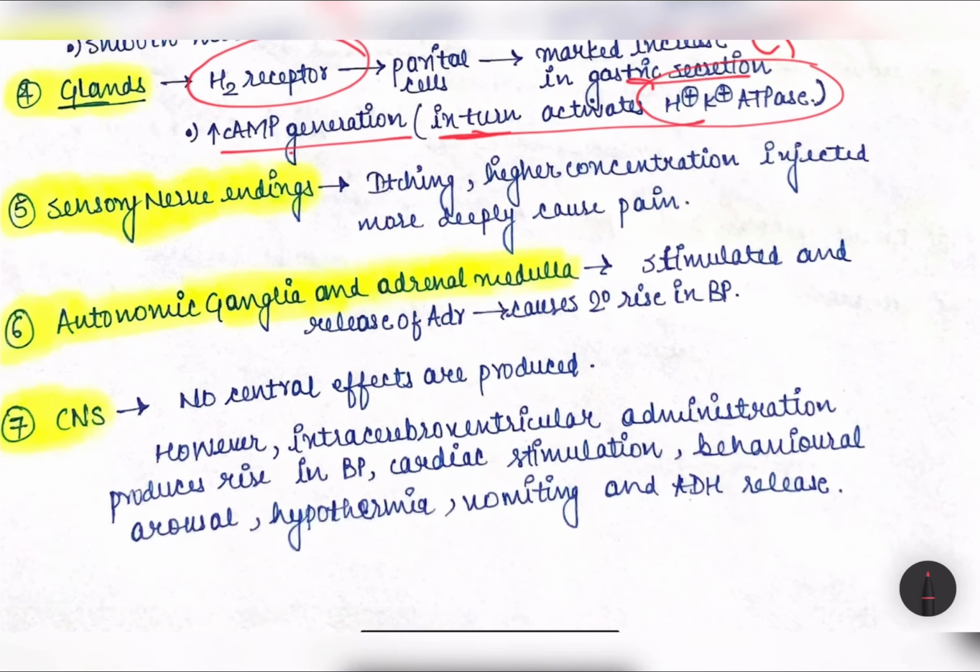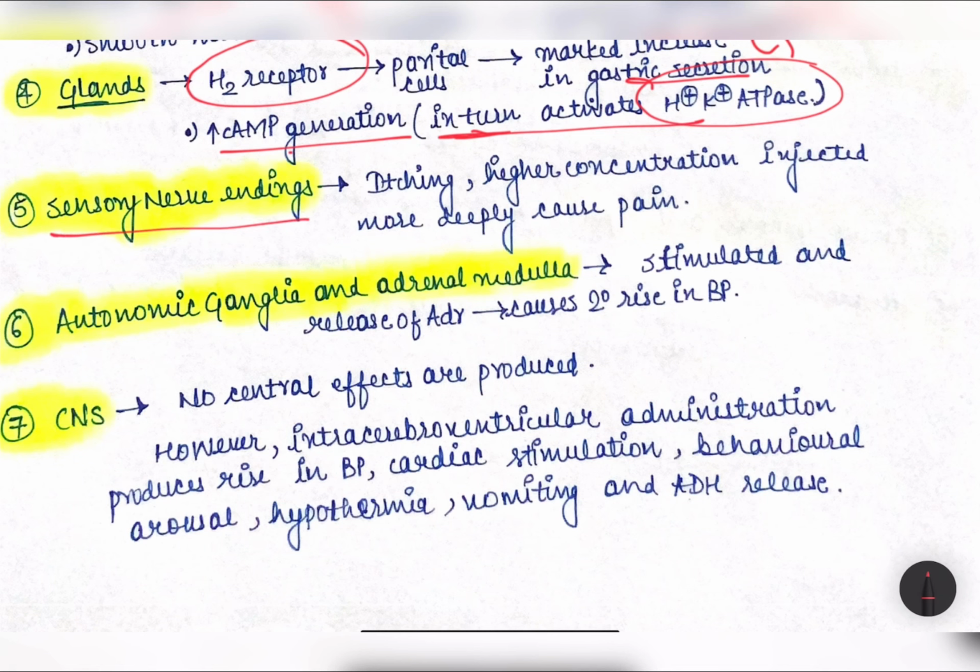And now the action on sensory nerve endings. Whenever we give histamine intravenously or intracutaneously, itching occurs, and at higher concentrations when injected more deeply, it can also cause pain.